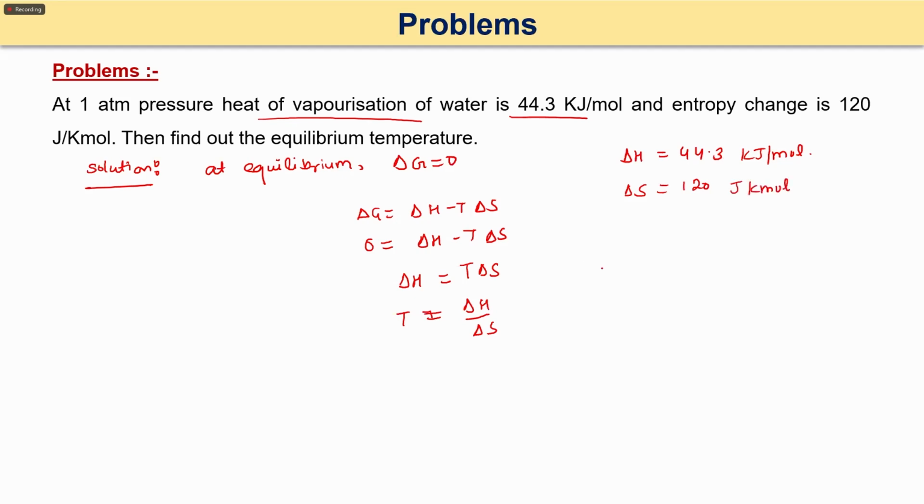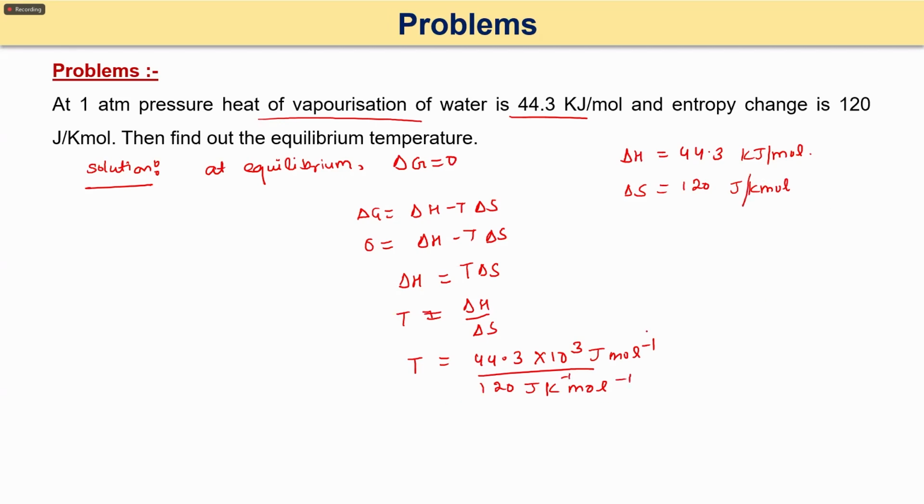So if you substitute this value of delta H and delta S over here, you will get delta H as 44.3 kilojoule, that is in joule, divided by 120 joule per Kelvin per mole.